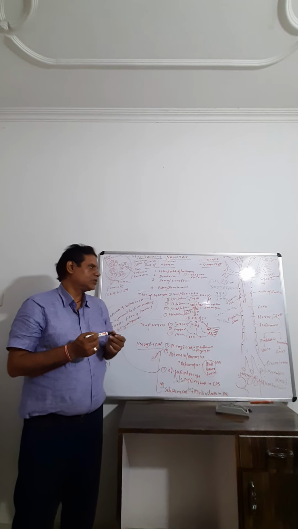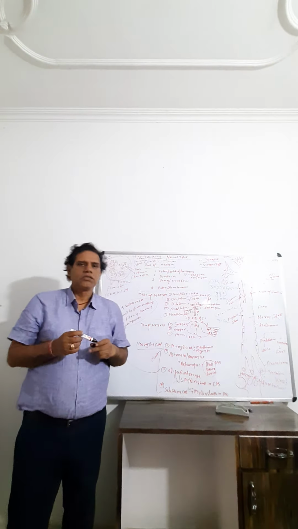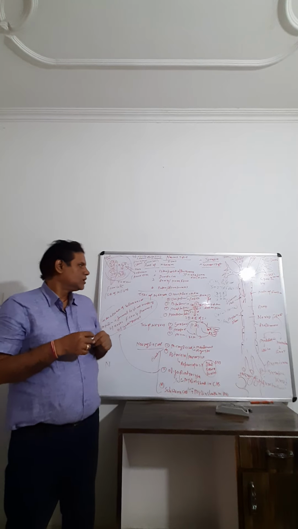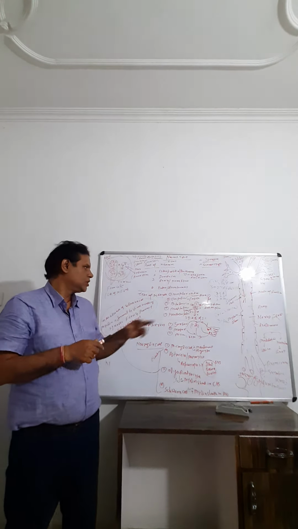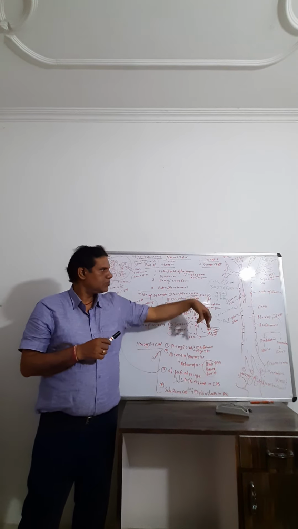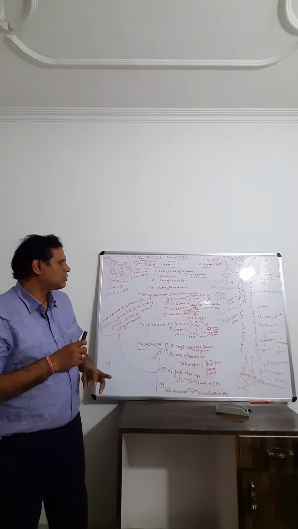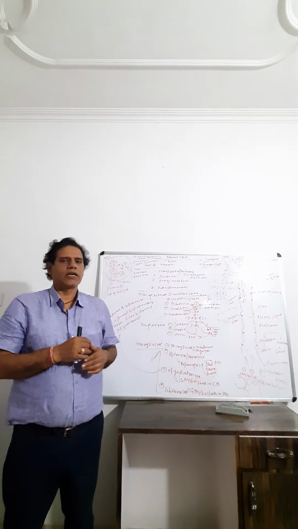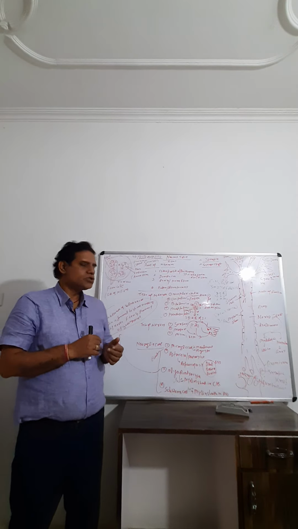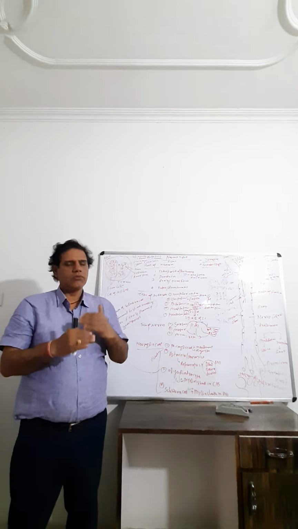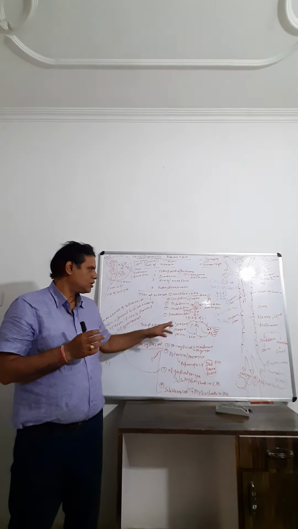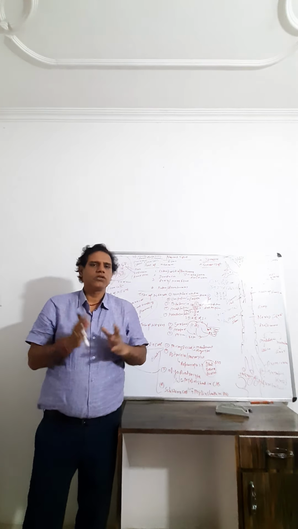This is present in the retina of the human eye and olfactory epithelium. And these are multipolar neurons, mainly present in the brain and the spinal cord in human beings. And pseudo-unipolar is actually bipolar but appears like unipolar and is present in the dorsal root ganglia of the spinal cord.